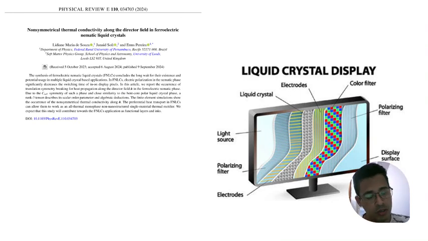Liquid crystals, in summary, are materials that have a stable phase between the solid crystal and the isotropic liquid, and they have a broad usage in liquid crystal displays for computers and smartphones.